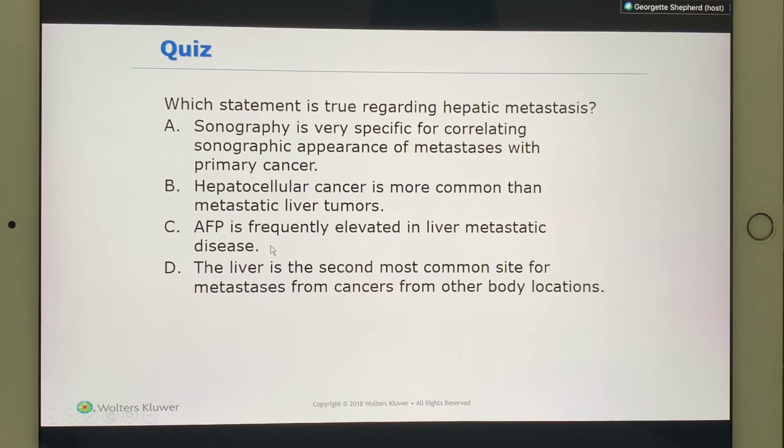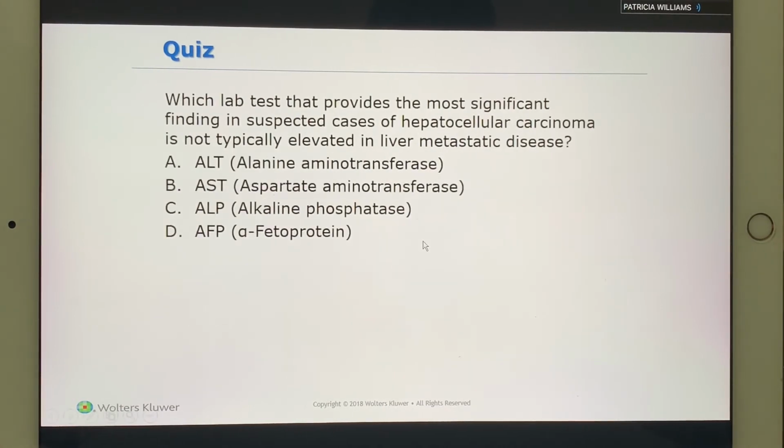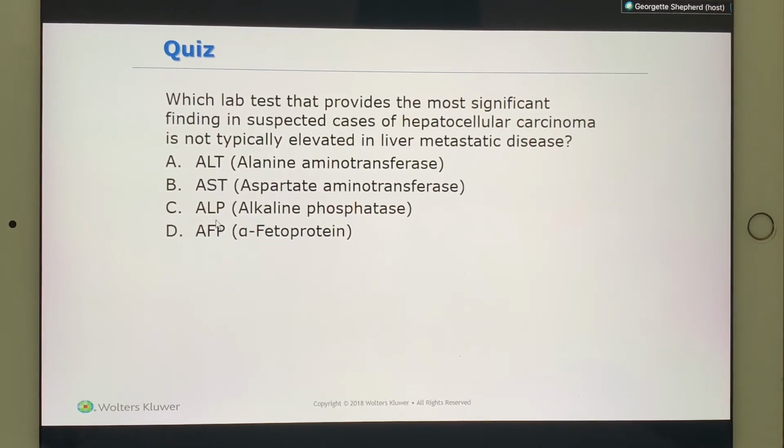Question: so it's safe to say that this disease originates somewhere else and metastasizes to the liver? Correct. For HCC, it will be AFP.